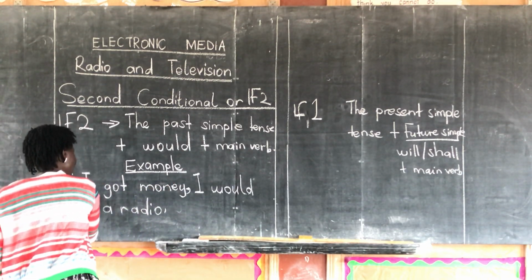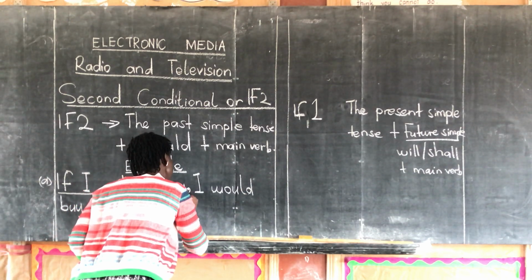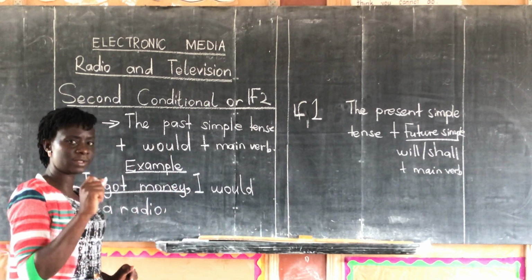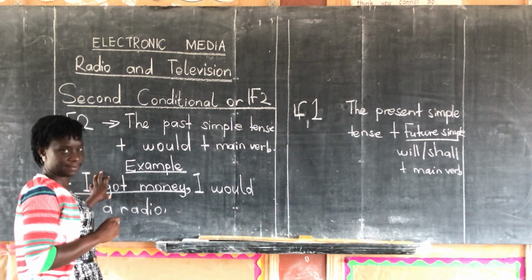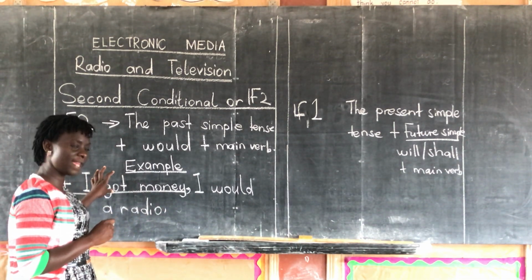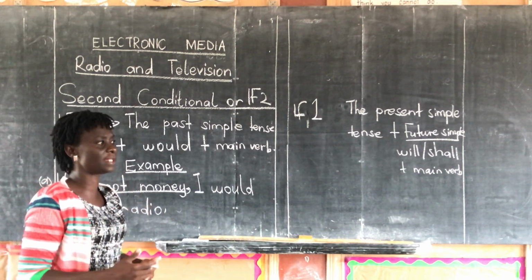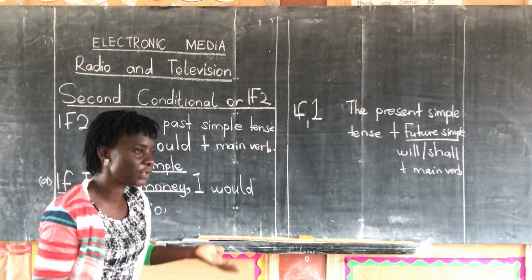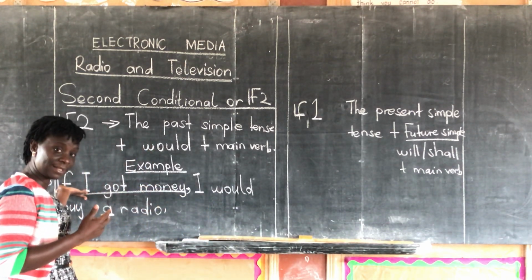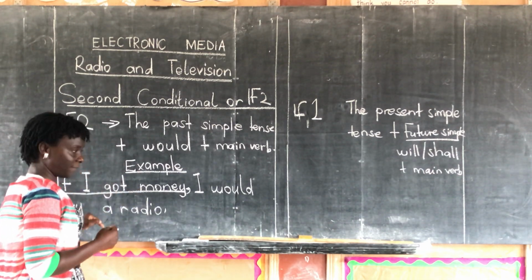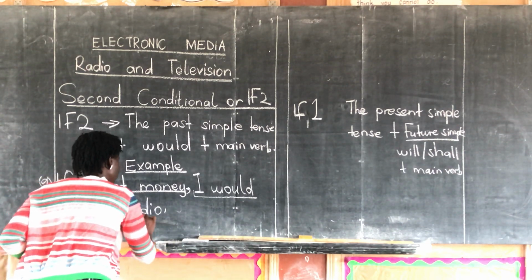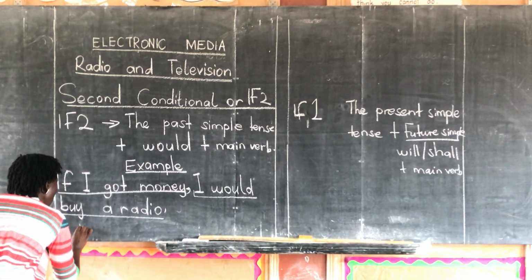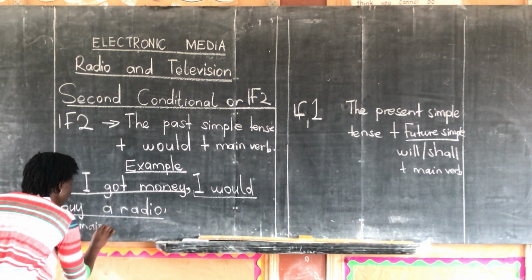Now, this clause which has if, the clause which has the word if is what we call the if clause. So when I start saying that this is what we do in the if clause, you understand that that is the part of the sentence which has the word if. And then this other clause here is what we call the main clause.